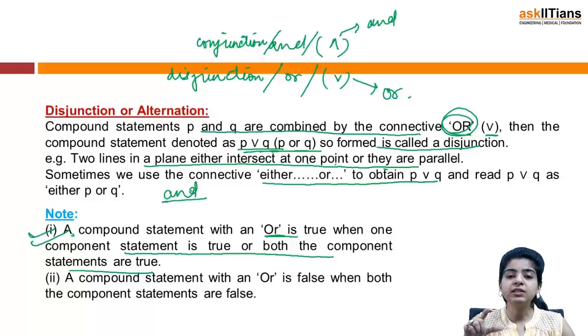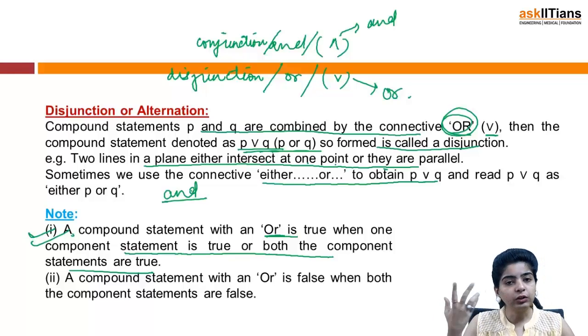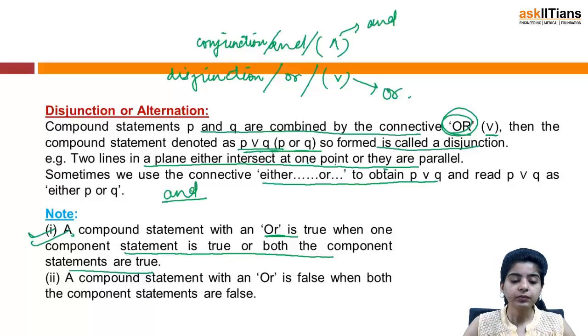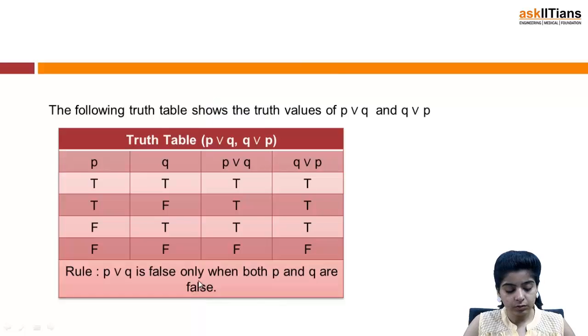So in this case, if P is true and Q is false, you will have the truth value of P or Q as true. So if either of the two is true, then the truth value is true, else it will be false. In fact, even if both of them are true, the truth value would be true. A compound statement with an OR is false when both the component statements are false. So let's discuss the truth table for P or Q.